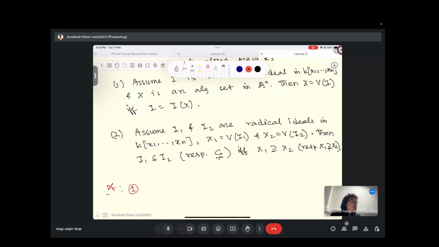Now the forward direction, we prove that by Nullstellensatz.